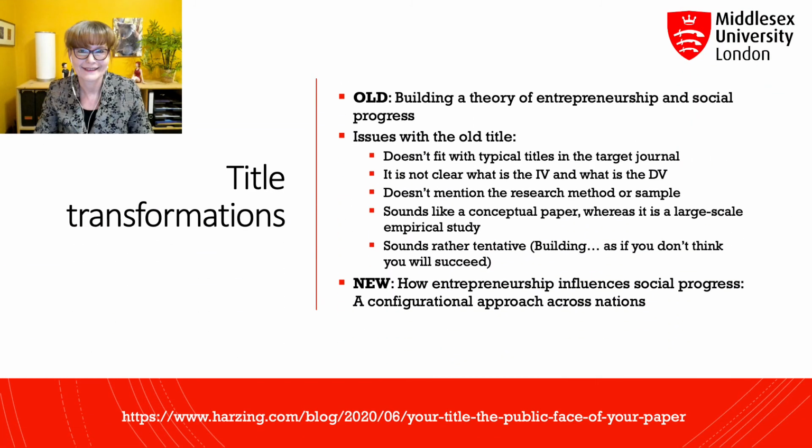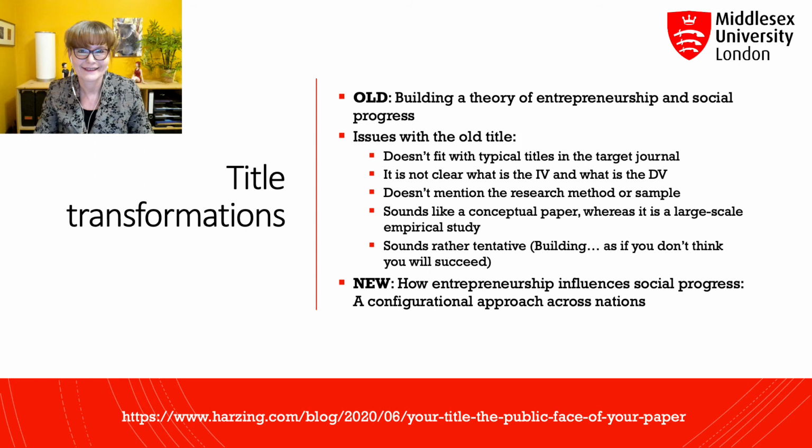Next up, an article in entrepreneurship. Very similar problems to some of the previous titles. Not really clear, too many nouns. It didn't fit with typical titles in the target journal. And there were two concepts in the title, but it wasn't clear what the independent and the dependent variable was. It also didn't mention the research methods and sample in the title. So it really sounded a bit like a conceptual paper, building a theory.